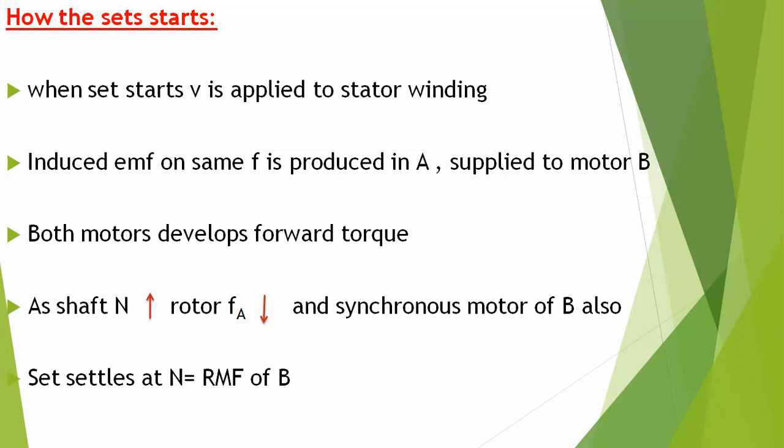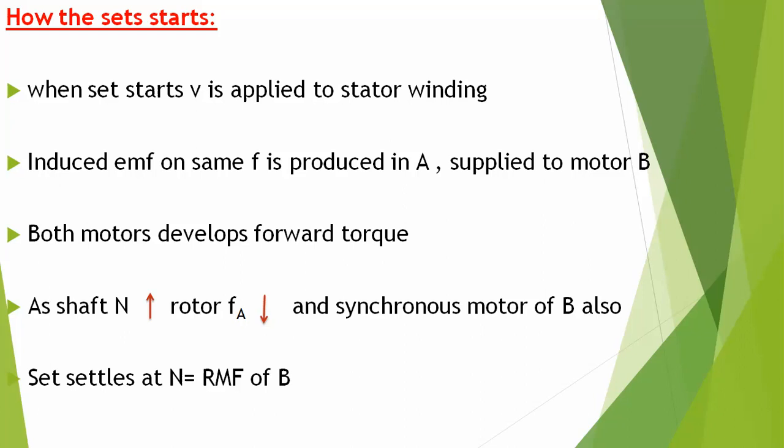Now the process goes on as the shaft speed increases. Shaft means the connection between A and B. As the shaft speed increases, the rotor frequency of motor A decreases. Okay, the rotor frequency of A will be decreasing. The same thing is done at the synchronous speed for B also.